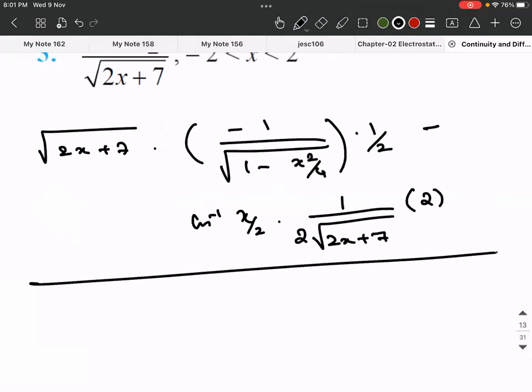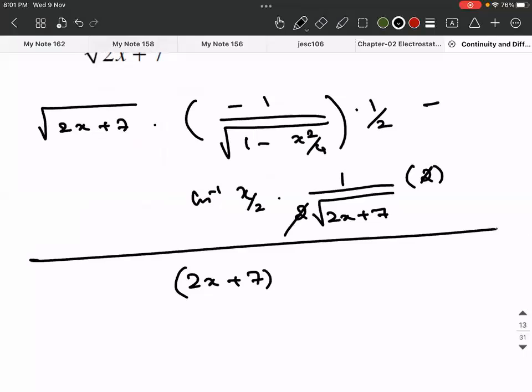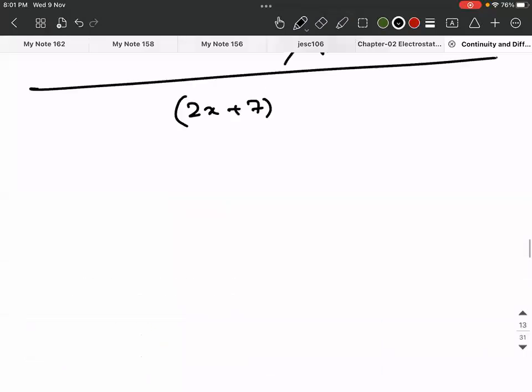The whole divided by 2x plus 7. So 2 and 2 get cancelled. Tell me.